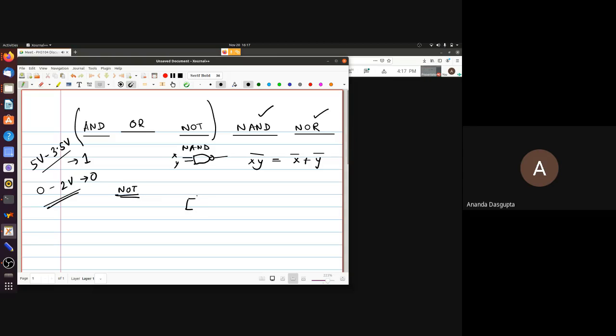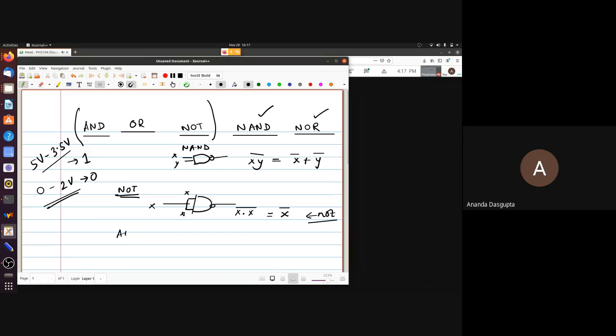Simple, you just join the two inputs of the NAND gate together, that is, give x to both inputs. So what you get is (x and x) bar, and it's one of the standard results of Boolean algebra that x and x is x. So this is x bar, so NOT. So this is how you make a NOT out of it.